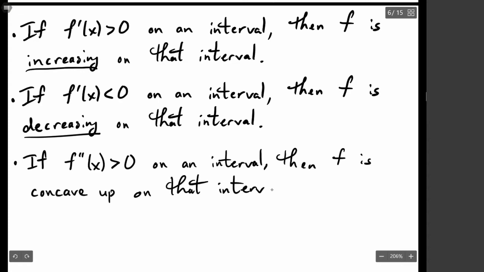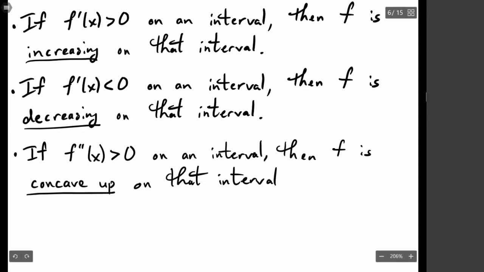Remember, concave up was that sort of smiling shaped graph, formed like a valley. I always think about it like up is good. If it's good, you smile. Second derivative positive would mean concave up.